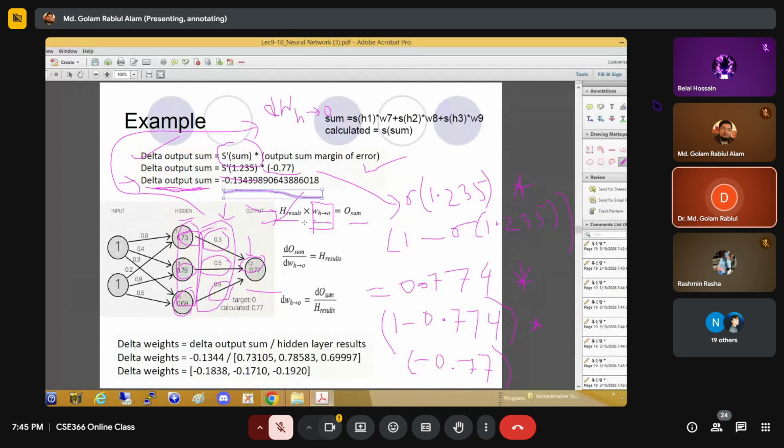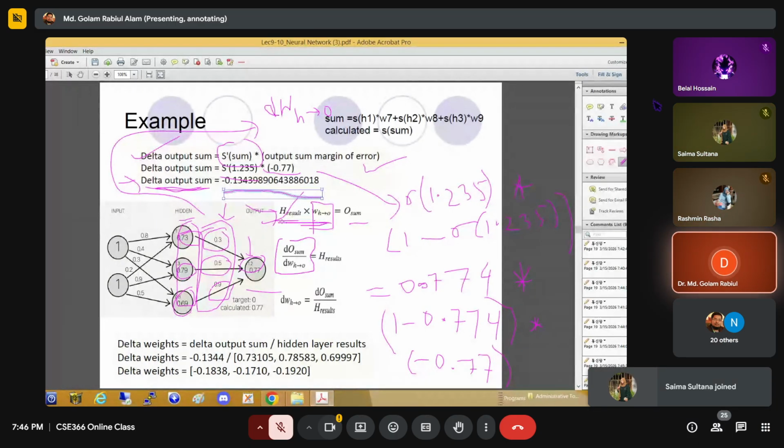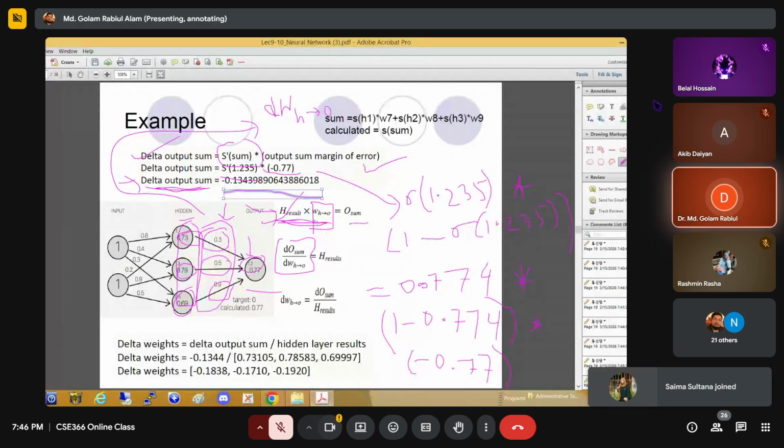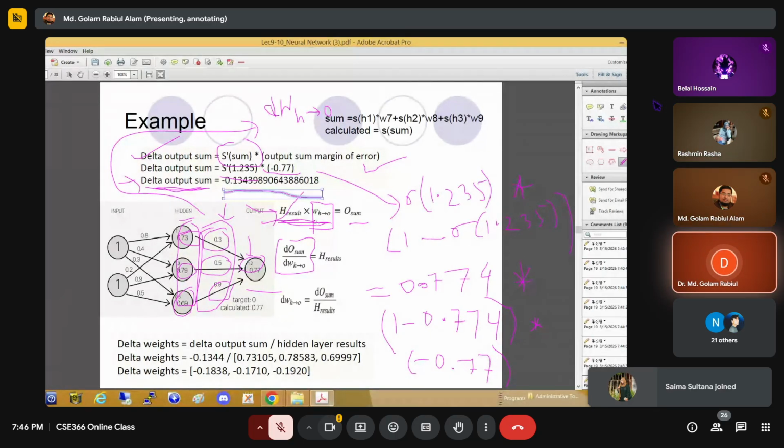So the hidden results times 1, then delta O sum by delta W. In this part we get delta O sum by delta W, and in the other part we get just the hidden results, because we are taking the derivative with respect to W.